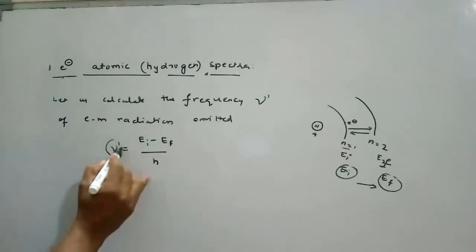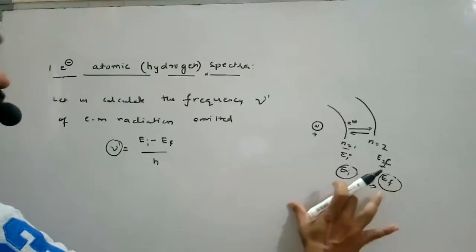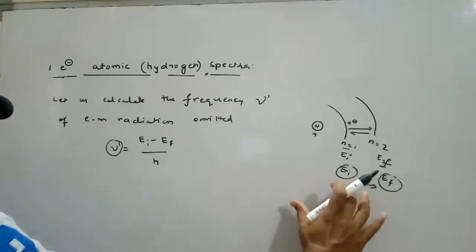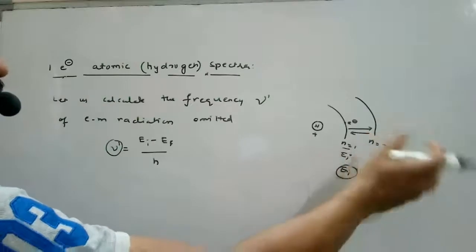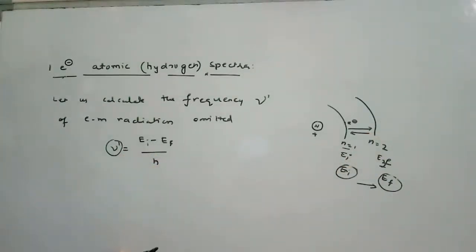This is the frequency when the electron moves from one energy level to another, otherwise one orbit to another orbit. The frequency nu dash equals EI minus EF by h.